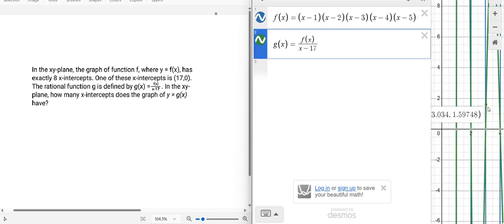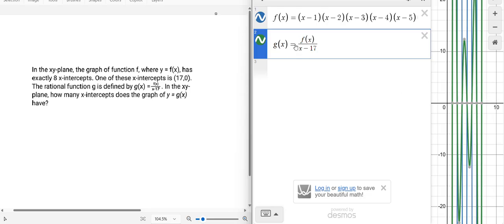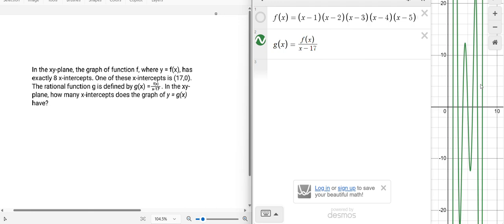By looking here we may be confused, so we just hide this line of f(x), make it disappear from the graph, and consider g(x) as the question said.